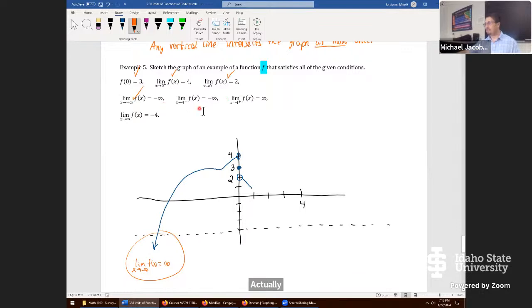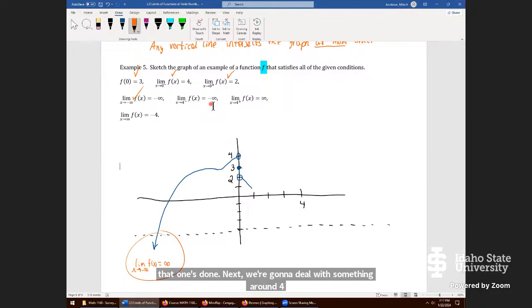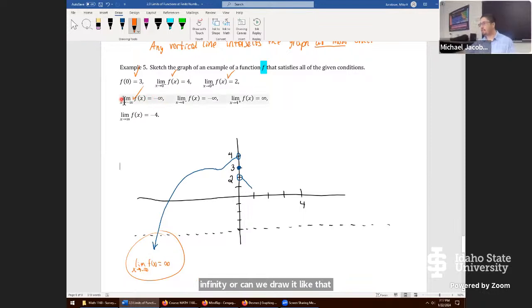Well, that one's done. Next, we're going to deal with something around 4. I do have a quick question. Go ahead. So if we were to do this on an exam, would we need 2 separate lines for the limit of f of x equals 4 and the infinity, or can we draw it like that? So a different line for this infinity right here, or the one above.